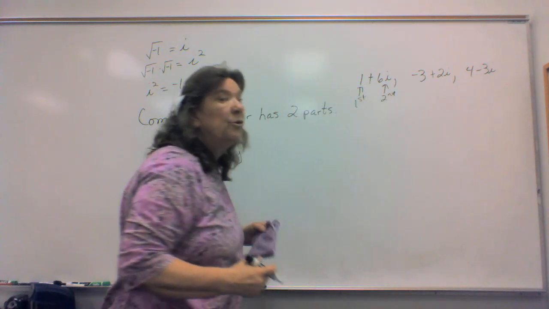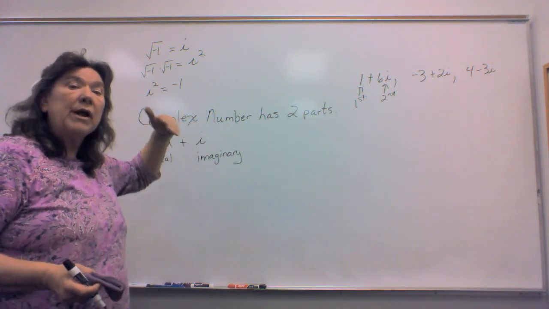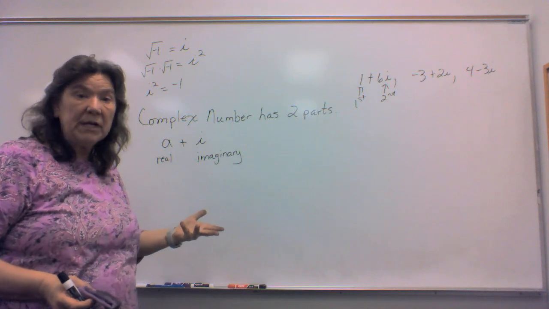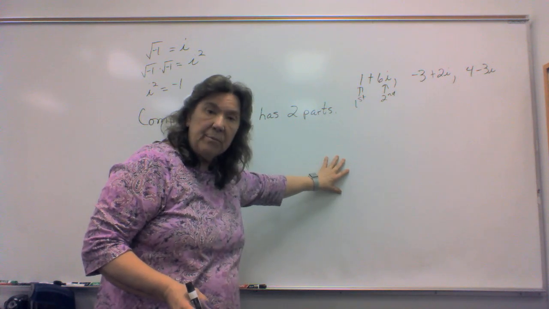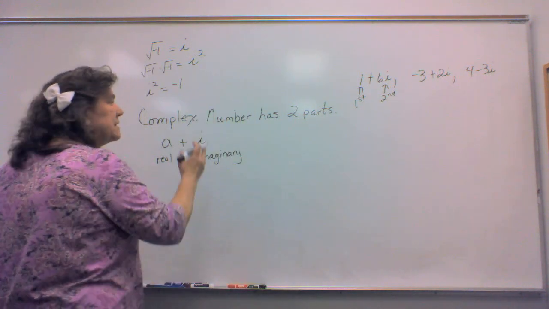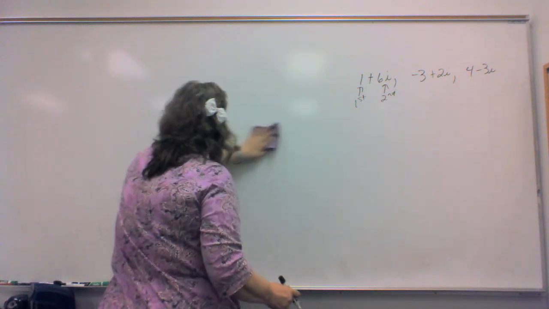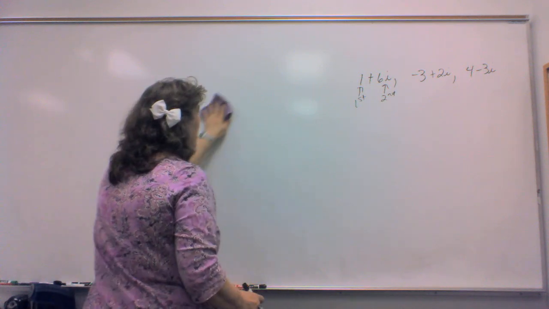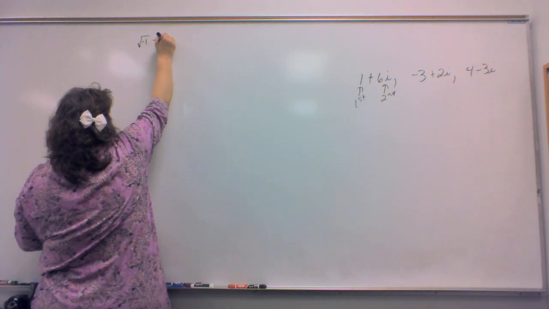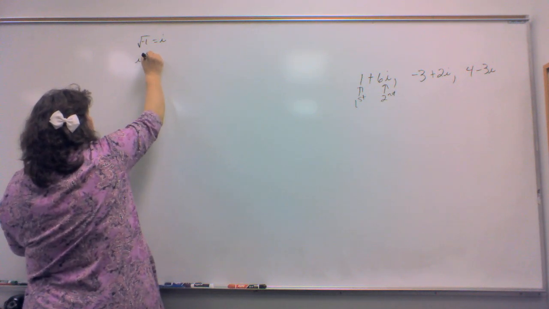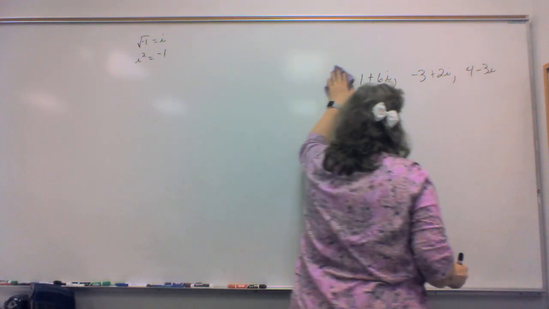And it's not written correctly unless it's written that way, which is why when we wrote our answers from the quadratic formula, we wrote a fraction of the real plus the imaginary part. So that makes sense when you realize that that's the way complex numbers have to be written. And it's important to remember also that the square root of -1 is equal to i, and i squared is equal to -1, because we will use that when we start doing conjugates here.